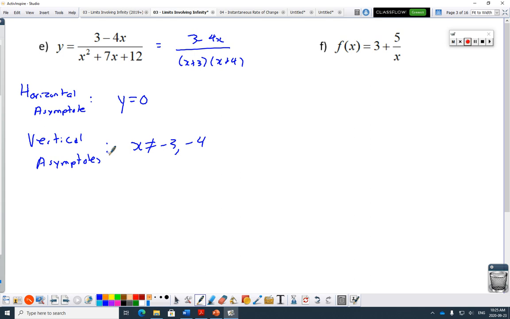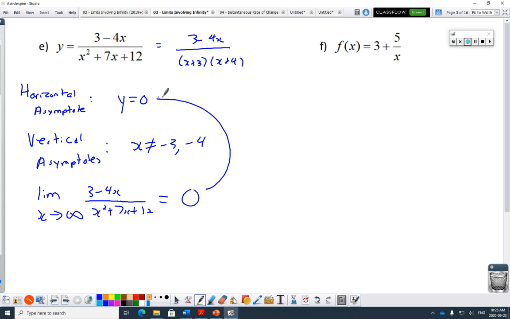And then what they were really asking was limit as x approaches infinity of 3 minus 4x over x squared plus 7x plus 12. And that limit is 0 because that's what the horizontal asymptote is. After the break, I'll pick it up there and show you a smoother way than the rules to find those answers that will be very helpful to us. Any questions though before our break?